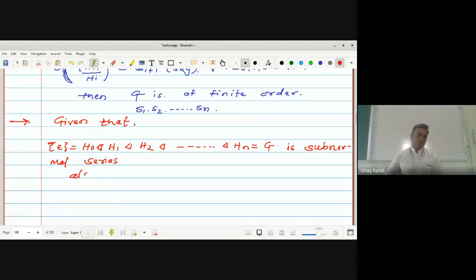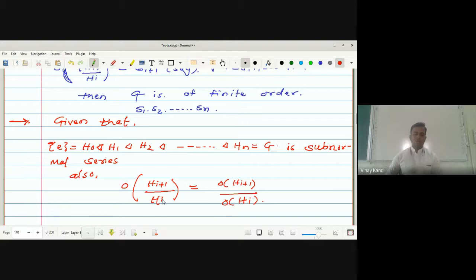Also, the order of Hi plus 1 upon Hi is equal to, what is the order of a factor group? How do we find it? Order of Hi plus 1 divided by order of Hi. Is it correct? Yes, sir.